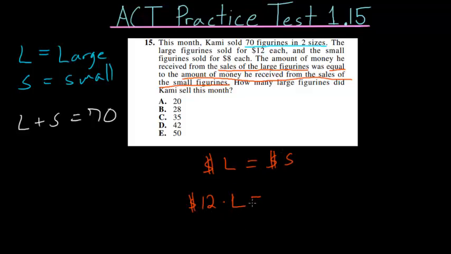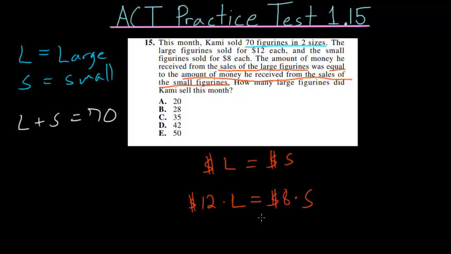So the same idea applies for the small figurines, except now we have each figurine being sold for $8. So essentially we'd have the number of small figurines sold times this $8 per figurine. So now we have our second equation, since if you have two unknowns, the only way to solve it is to have two equations.